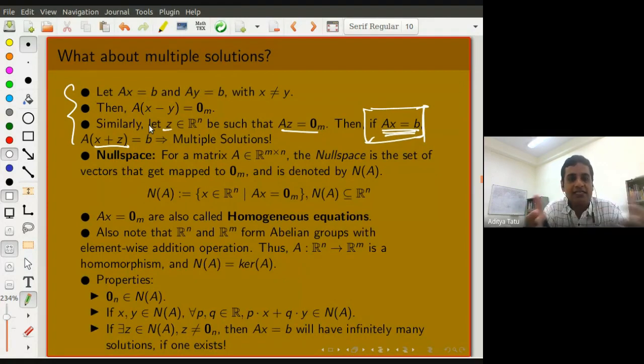Which is why that set also deserves a name. The name given is null space. Null is like 0. And we saw that if there is one non-zero vector in the null space, then you can have infinitely many non-zero vectors in the null space because of this second property.